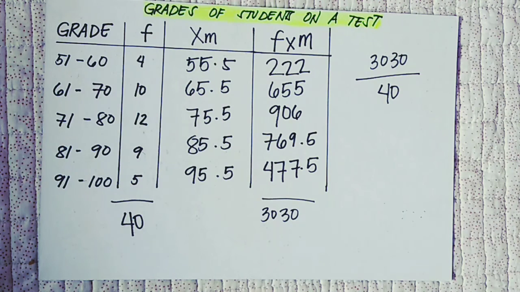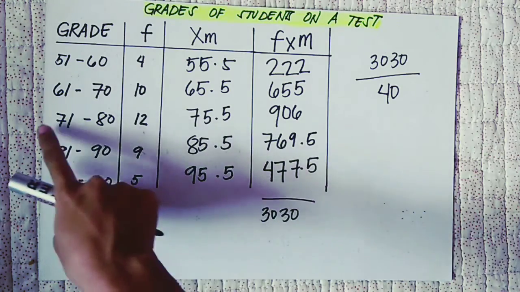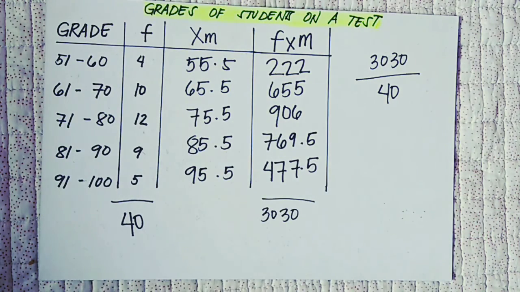So before we divide it, where do you think the mean is gonna be? Let's look at the highest frequency here, which is 12. In between 71 to 80, because most students scored in this range.